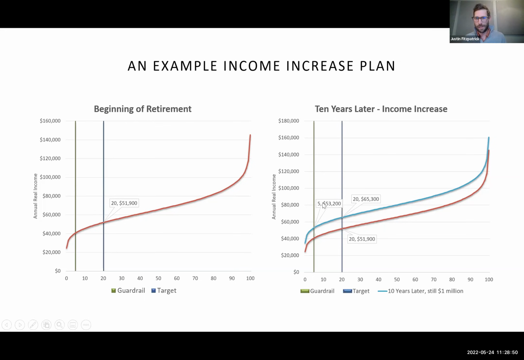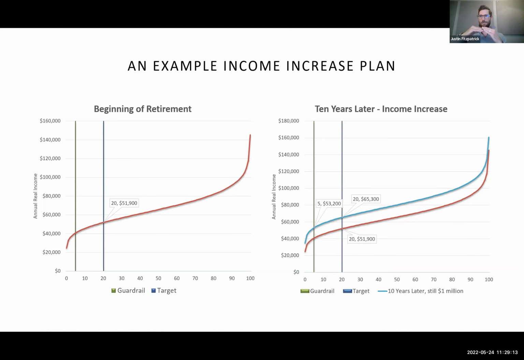Well, at that point, a risk of 5 is now $53,200. So their current spending of $51,900 is well below 5, right? So they can afford to increase their income, increase their spending, increase their standard of living. And at this point, if they went back to 20, they would be spending $65,300.